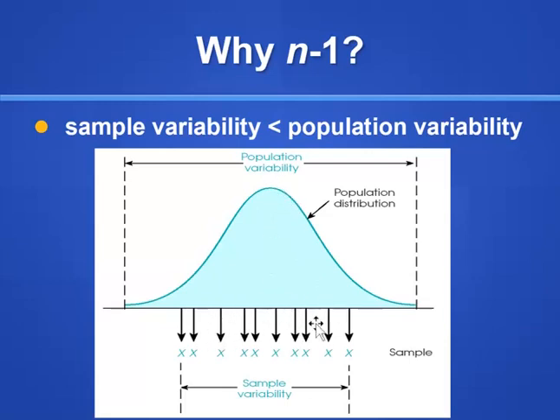So if we randomly pull people to be in our study out of a distribution that looks like this, well, most of our people are in here, whereas very few of the people that we could possibly select are in these extremes, in these tails, right? So we're more likely to underrepresent the overall variability of the population because the sample that we've selected is a little bit more representative of the middle of the population and closer to the mean.